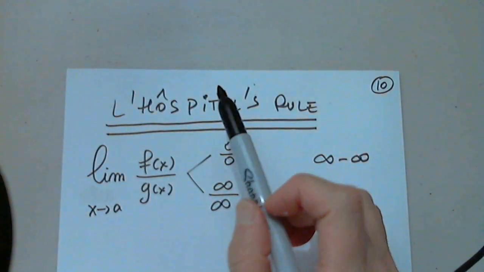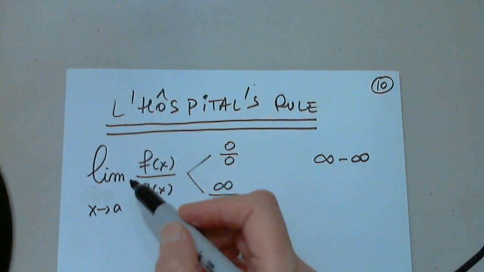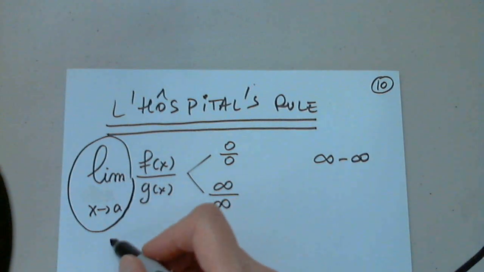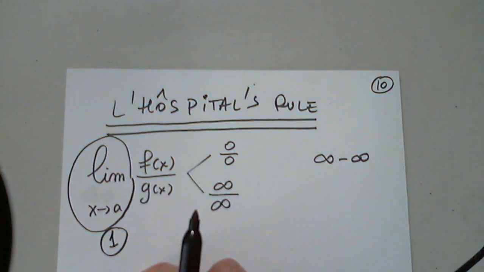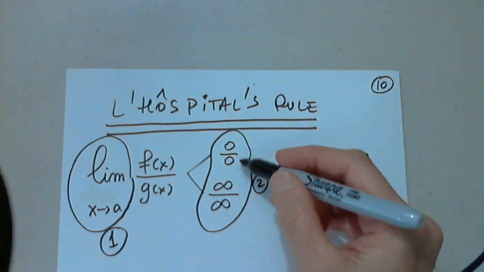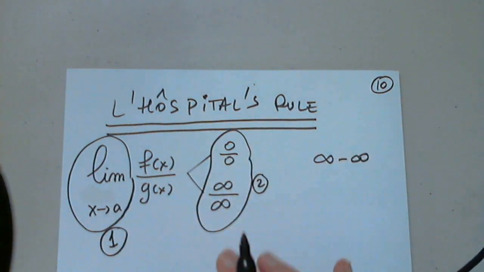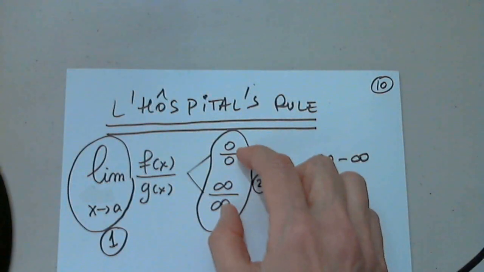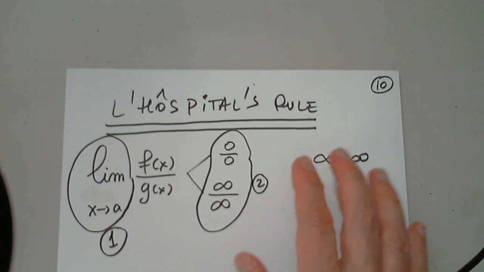So again, what are the conditions or hypotheses? First of all, limit. This is the first condition or hypothesis. And the second condition is one or the other, either this or this. If it's anything else, we need a lot of work to potentially change it into these two. But any other needs work.